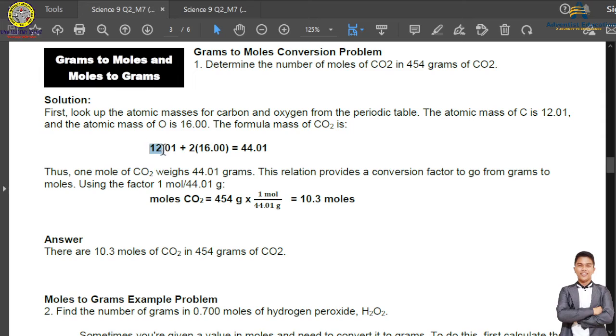The atomic mass of carbon is 12.011 and the mass of oxygen is 16 times 2, that's why you have 32, and the total of them is 44.01. So that will be the total atomic mass, and we will use this one as our divisor. This 44.01 is equal to 1 mole of carbon dioxide.